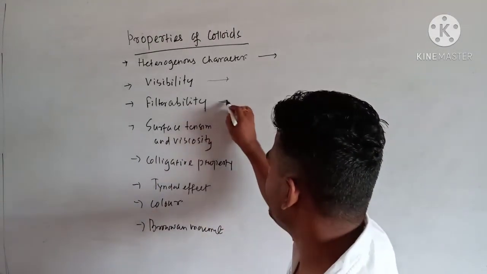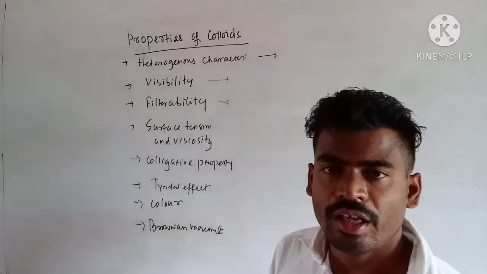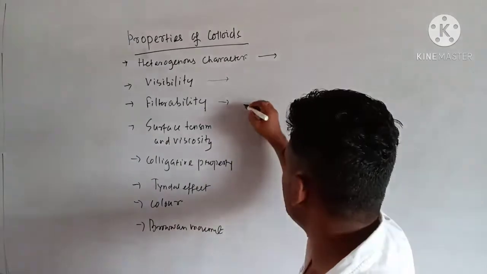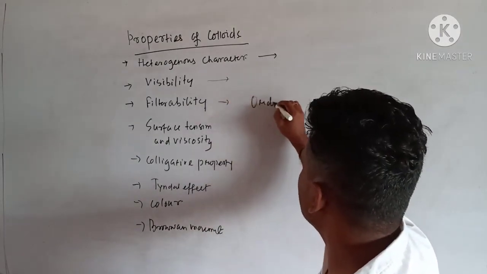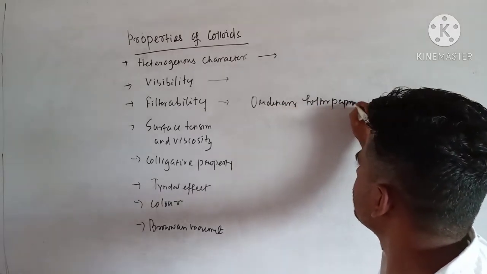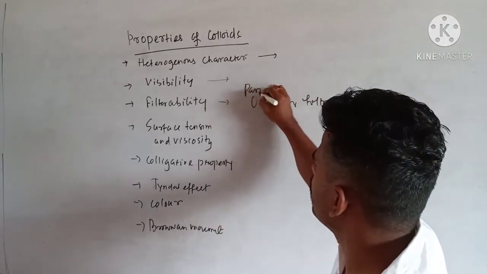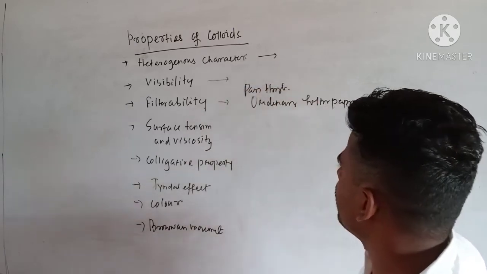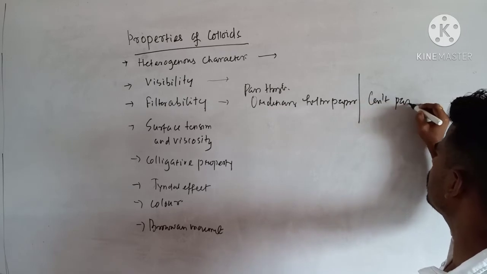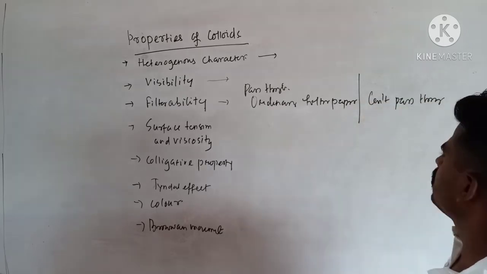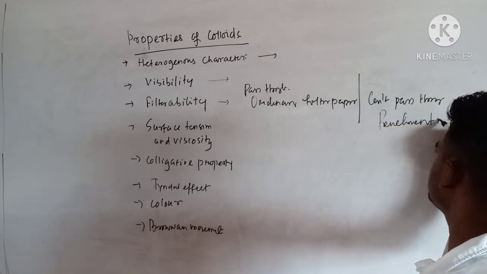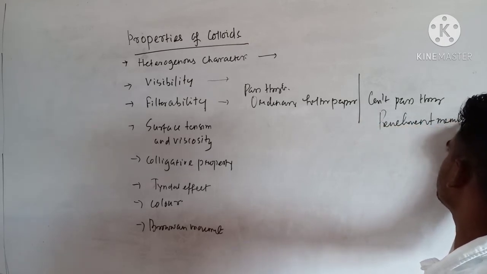And next is filterability. Colloidal particles can pass through ordinary filter paper, but cannot pass through a special membrane, the parchment membrane.